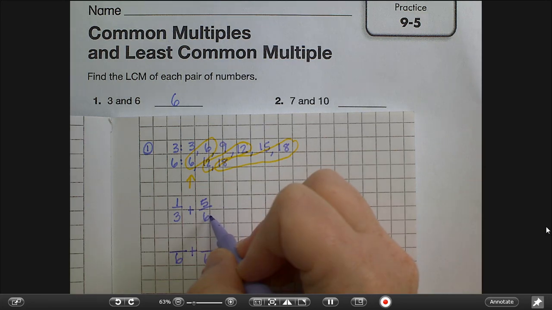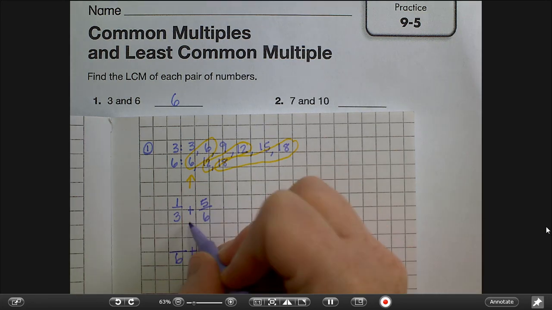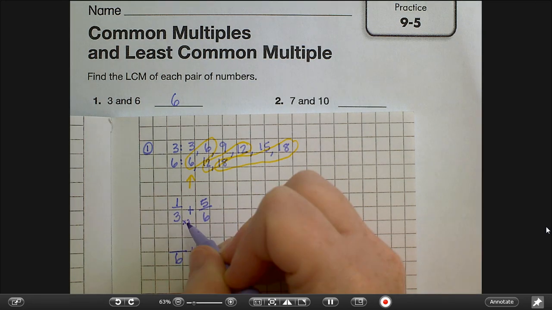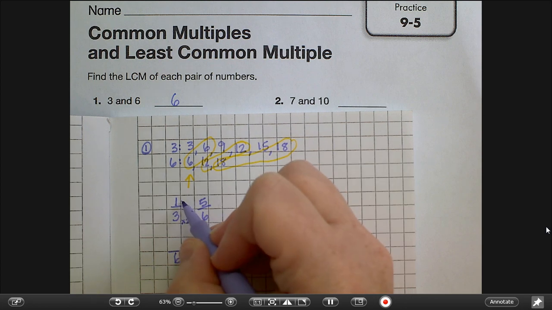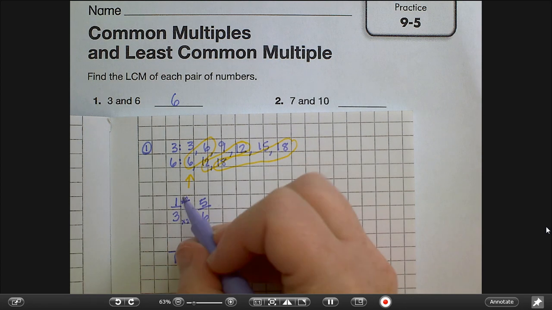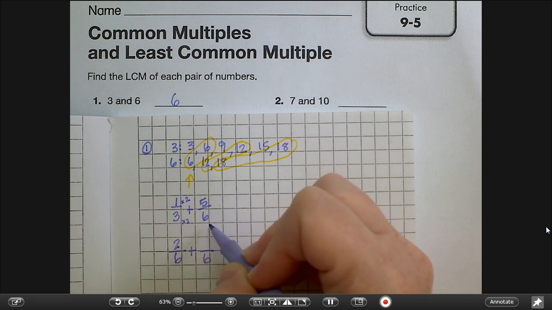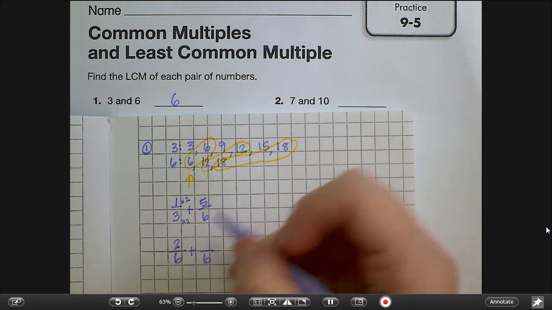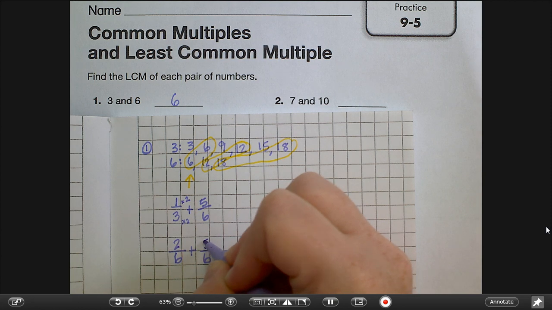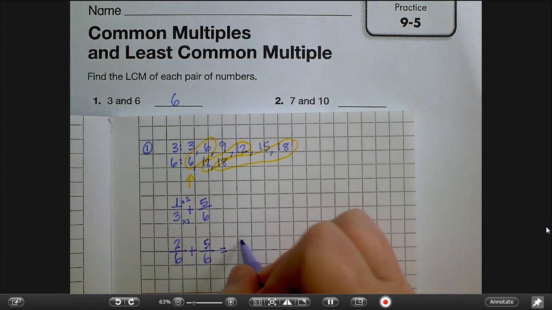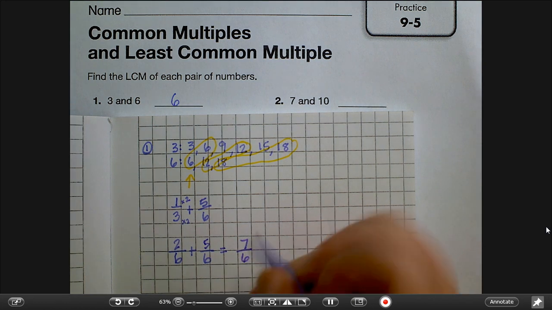So here we know that whatever we did on the bottom, we have to do to the top. 3 times 2 is what gave us this 6. So whatever I did here on the denominator, I would do here on the numerator. 1 times 2 is 2. In this fraction, the denominator was already the same, so I didn't need to change it. Okay, so then I would add these together, and I will get 7/6.